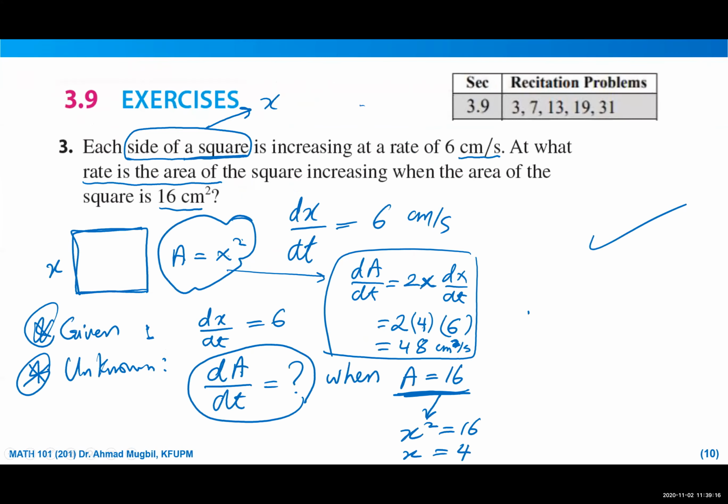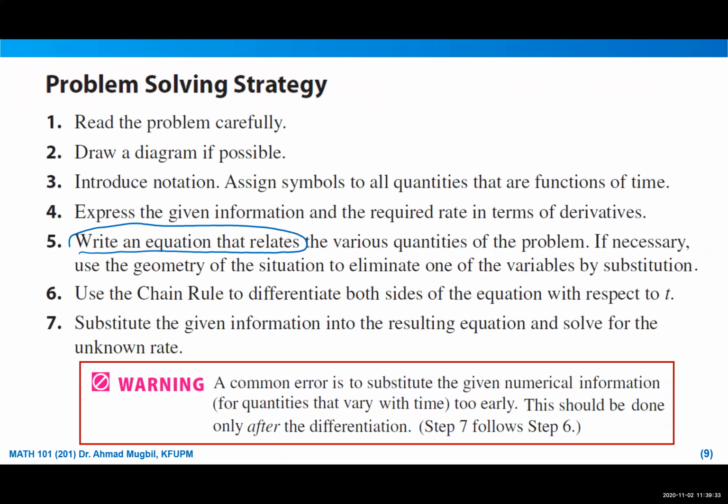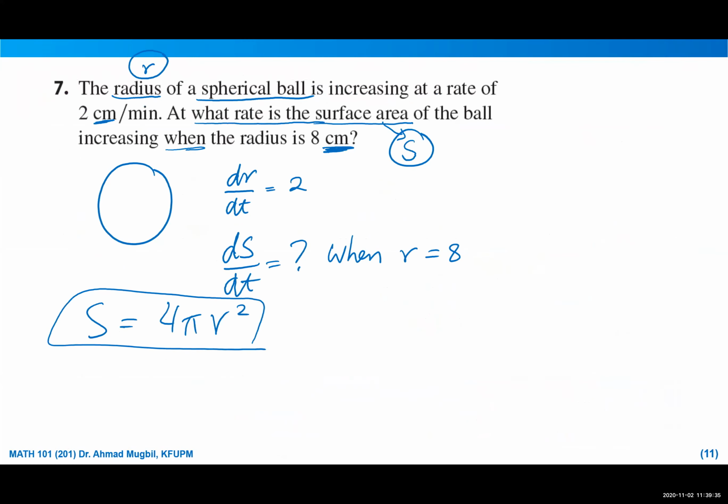You need, Shabab, to recall it. You don't need to recall it all the times. A here, what is A? A is the area. He is talking about the surface area because it is a 3D object. So A or S here is 4 pi r squared. Sometimes they will give you this in the exams, but sometimes not. So you have to be aware of them.